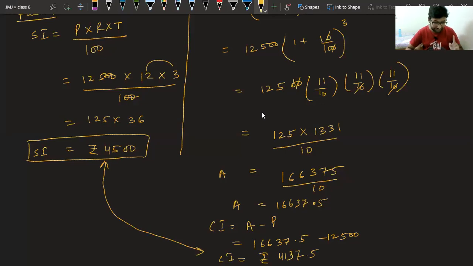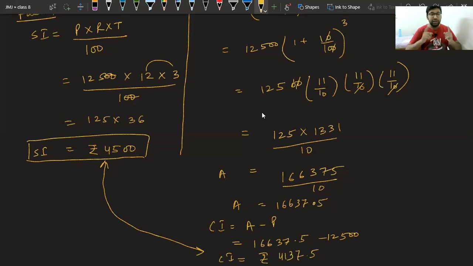That is why I was telling you, in a bank sometimes it is useful also. So you can see that Radha is at profit because Radha's principal is changing, her principal is reducing with time, but the principal of Fabina is constant. That is why she has to pay more interest.